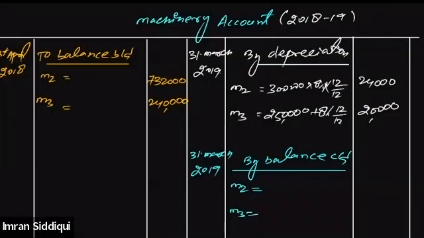Balancing figure for machine 2 will be 7,32,000 minus depreciation of this current year 24,000, and for machine 3, it will be 2,40,000 minus 20,000. So this will be 2,20,000, and that will be 7,08,000.